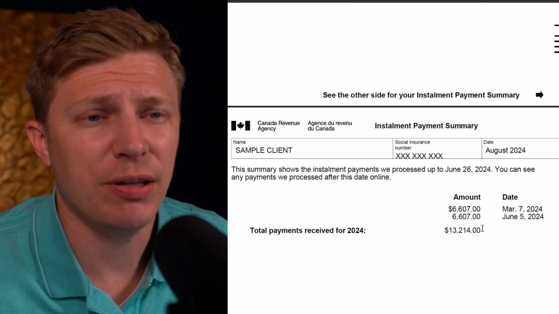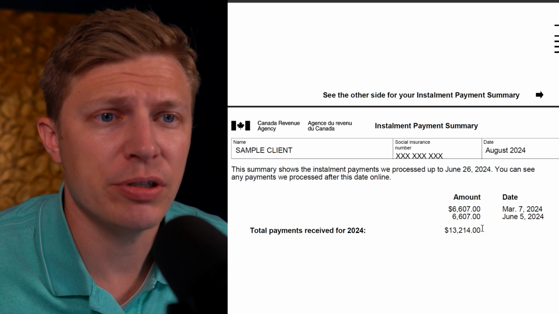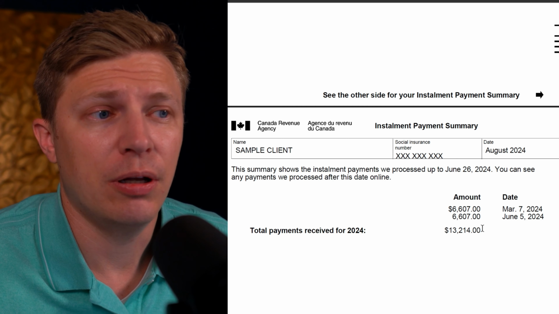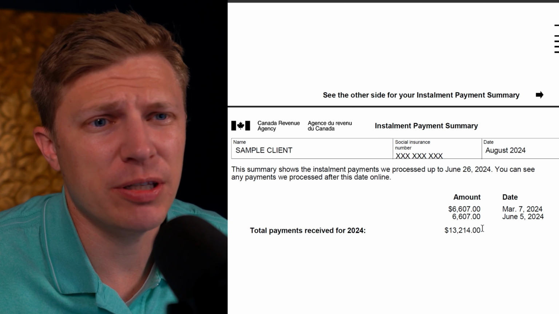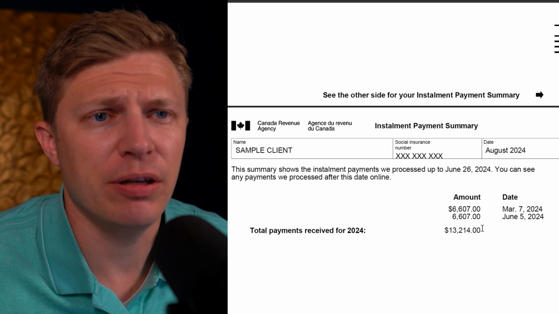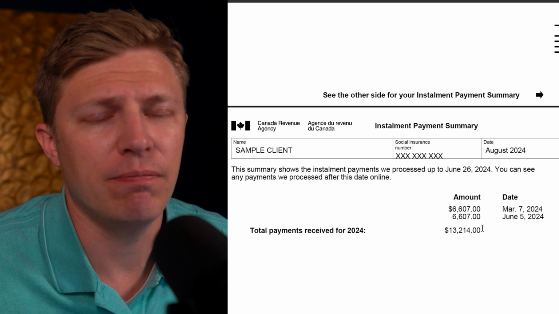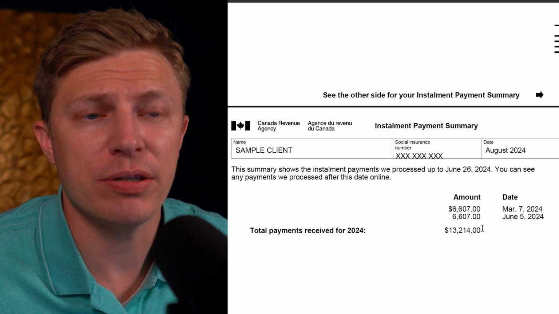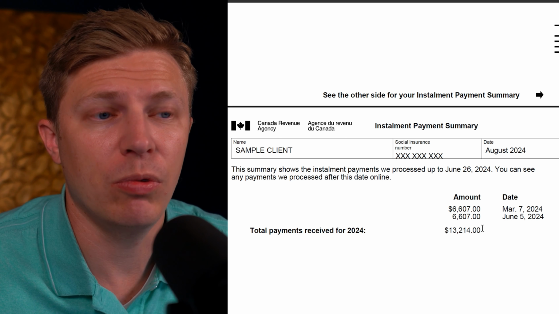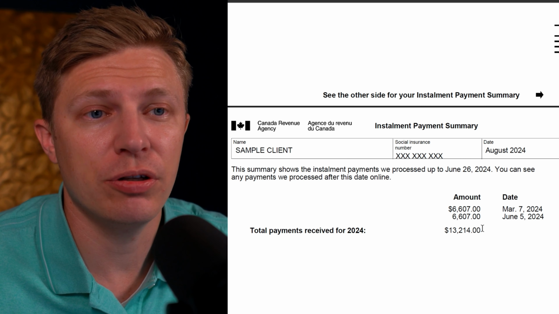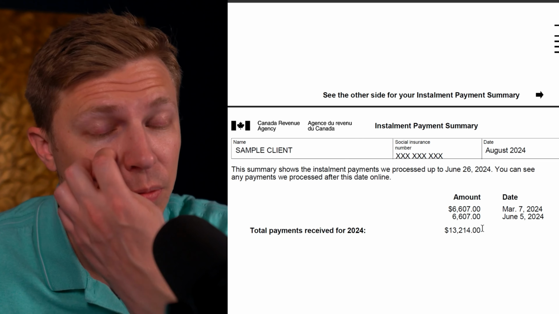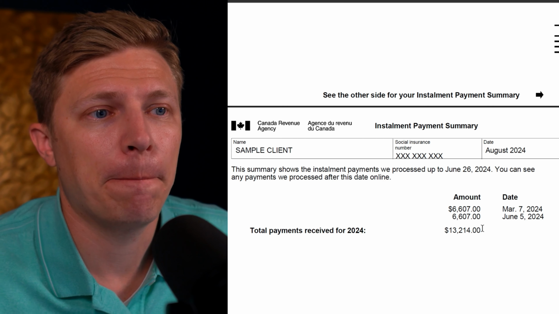Maybe you accidentally threw it into the wrong year's tax installment account. In which case, any of those things, it's a pretty simple call to CRA at their general line, explain what's happened. You can request that they move the payment from the erroneously submitted location to where it's supposed to be inside the tax installment account.